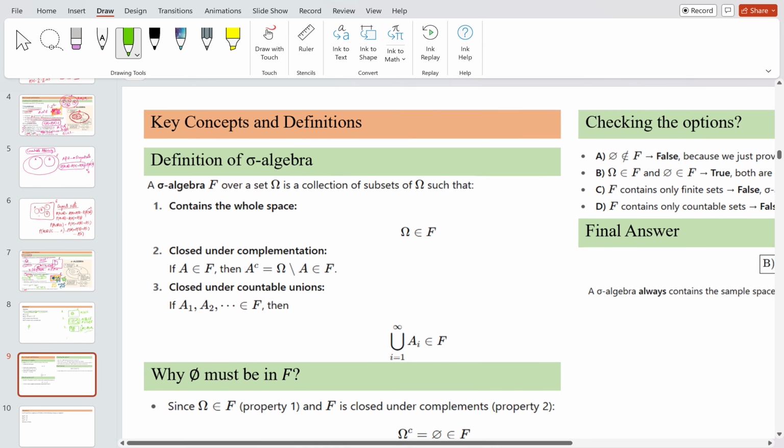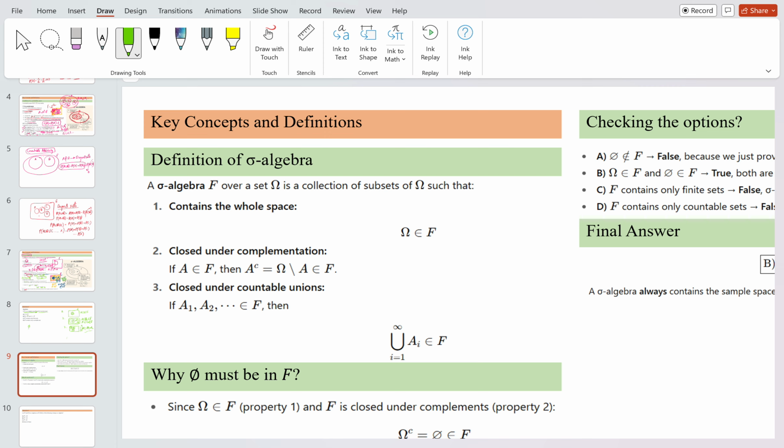Let's see the definition of sigma algebra that we have already seen, but we will see it again. It contains the whole space. Whole space means this omega belongs to F, then it is called a sigma algebra. F over a set omega is a collection of subsets of omega.